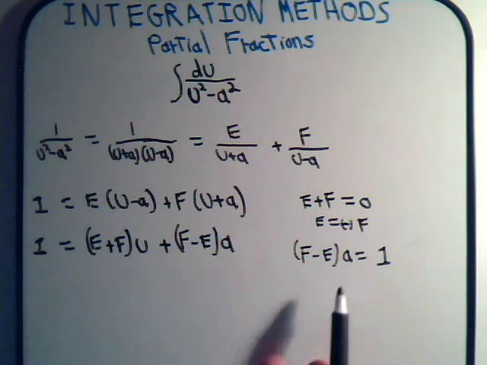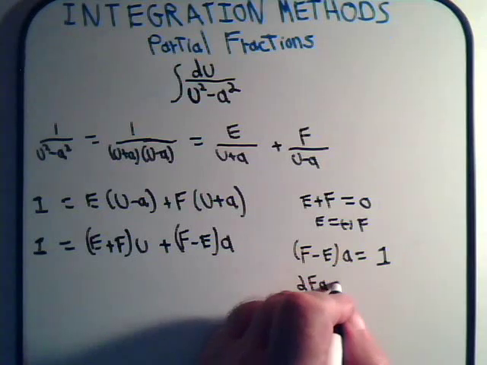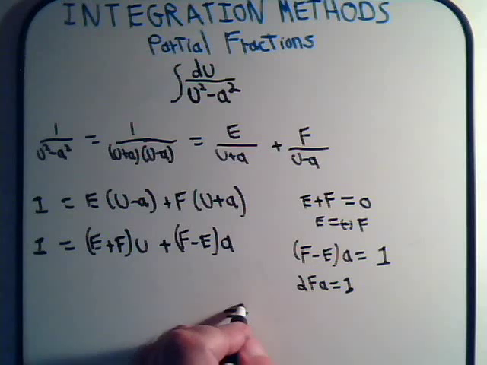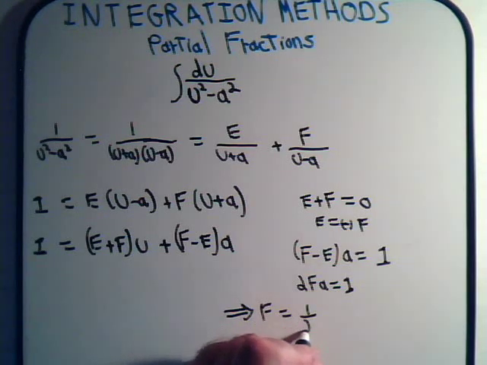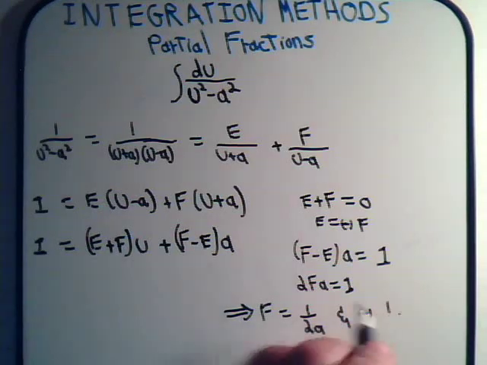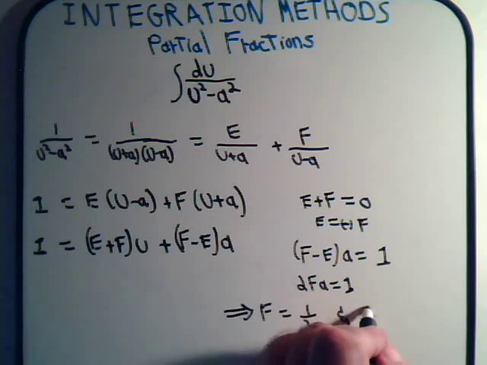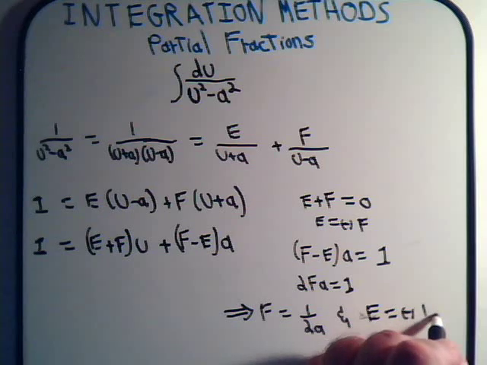And e is minus f, so we have 2f times a equals 1. So f will equal 1 over 2a, and e is the opposite sign of that, so e is minus f, so e is minus 1 over 2a.